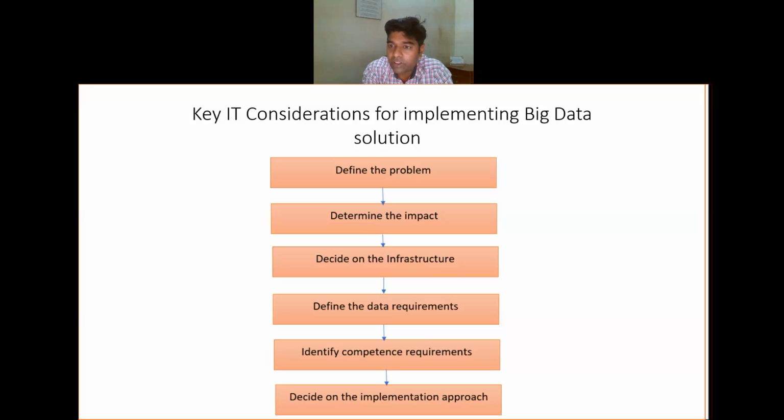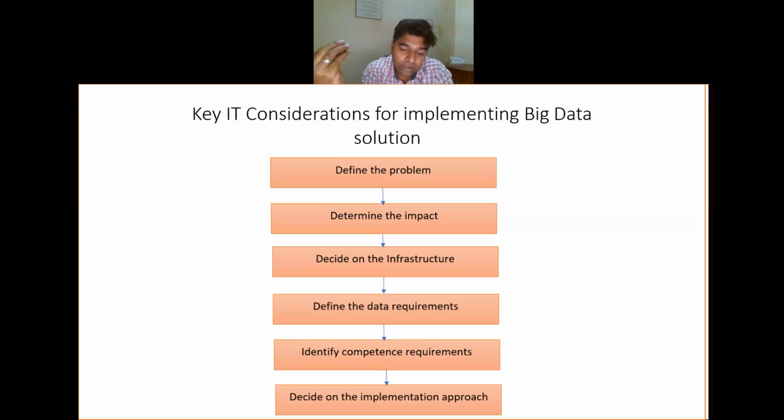The big data platform requires various infrastructure integrated with the business solutions: how much storage is required, how many data centers are required, and whether real time analysis is required. Some business systems, like healthcare systems, require real time analysis.